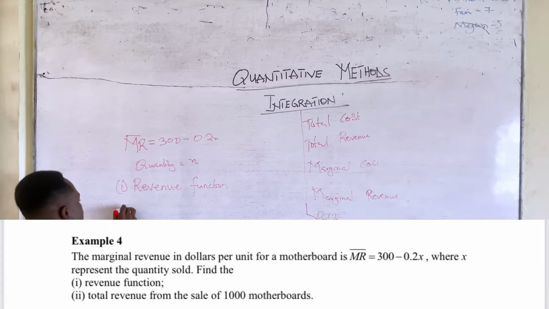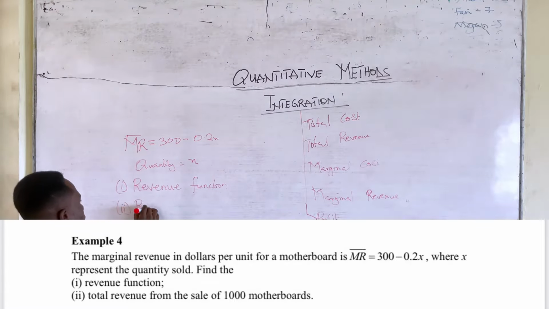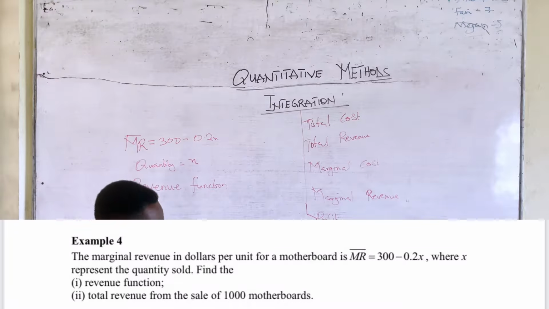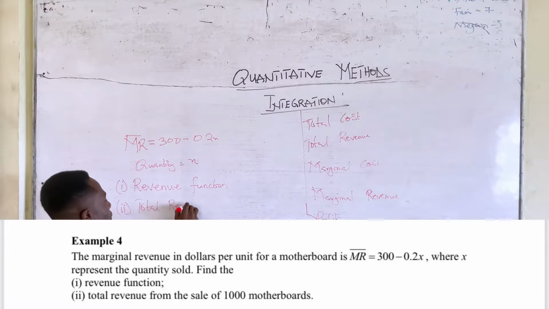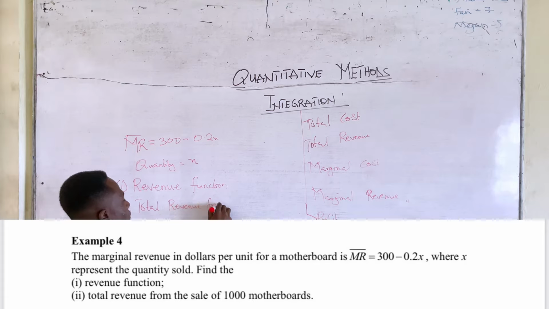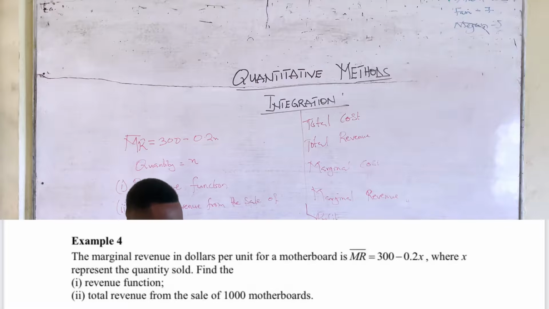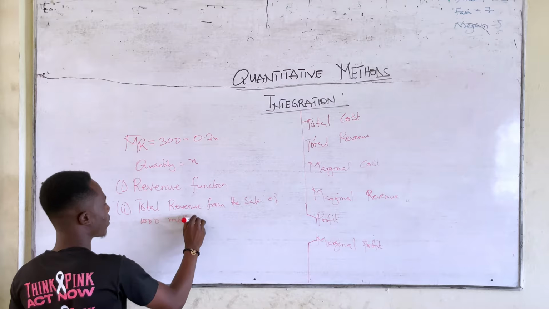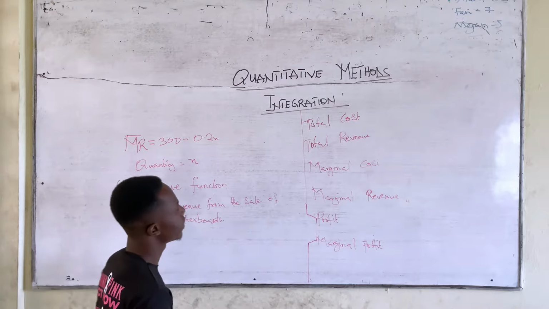And (ii), you have to find the total revenue from the sale of 1,000 motherboards. Okay, so that is it.